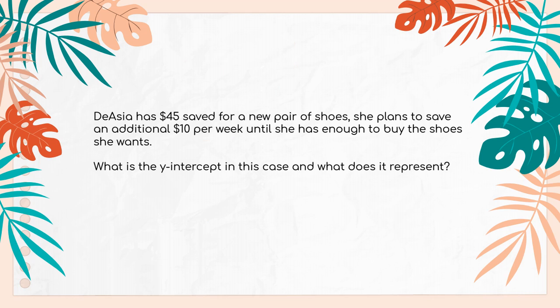Okay, so our first example says that Deasia has $45 saved for a new pair of shoes. She plans to save an additional $10 per week until she has enough to buy the shoe she wants. What is the y-intercept in this case, and what does it represent? So in this case, we are just given the scenario. So if I had a graph and I did the weeks and then the money saved.